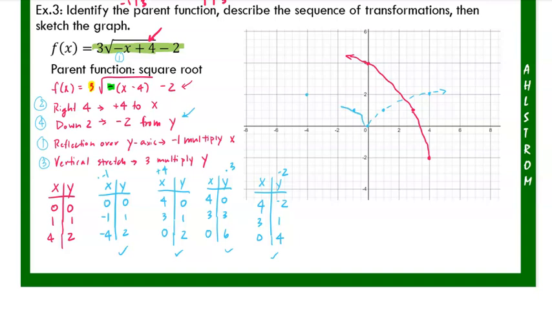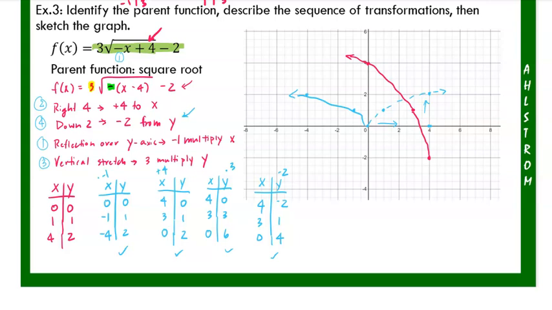So it reflected like that, and then it went to the right 4, so it started here and all of the points moved right 4 that way, and I don't want to mess up this graph. And then each of the y values increased by a scale factor of 4.